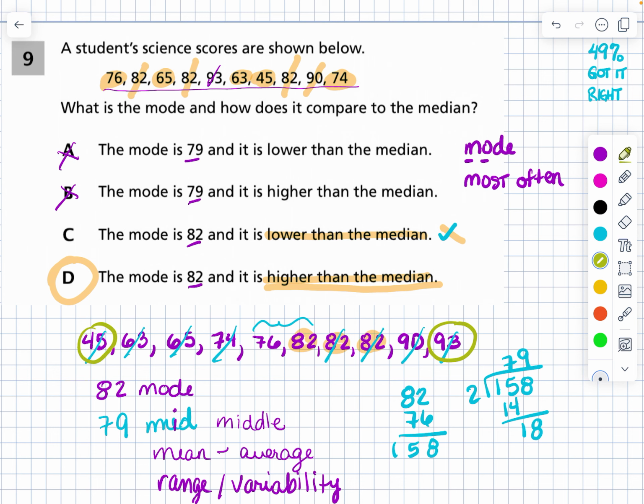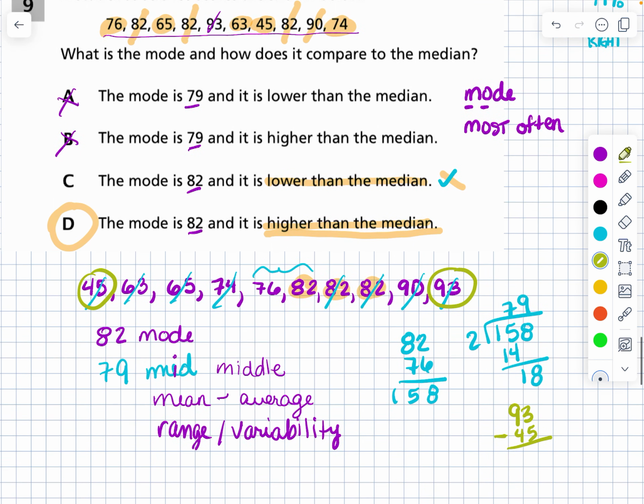It varies from 45 to 93, so we would take 93 minus 45, and that's going to be our range, and that'll be 48.